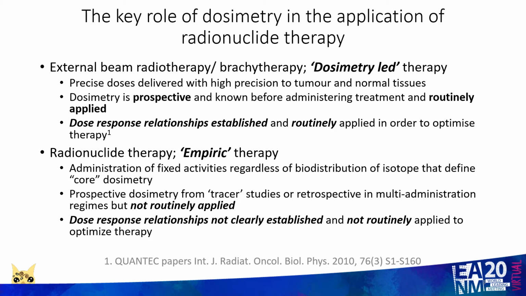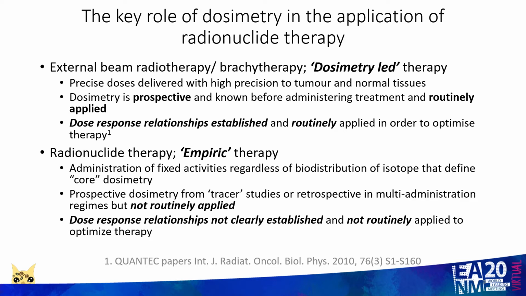If I compare this to radionuclide therapy, here I see treatment that is largely empiric. Administration of fixed activities of radionuclide are given regardless of the biodistribution of the isotope that define the core dosimetry in individual patients. Although dosimetry may be performed prospectively to give an idea of doses to normal tissues before treatment using tracer studies, more commonly it's available only following retrospective dosimetry studies in patients undergoing multi-administration regimes.